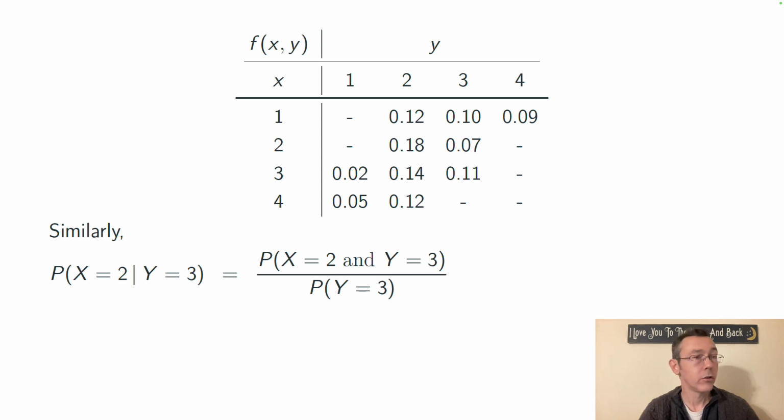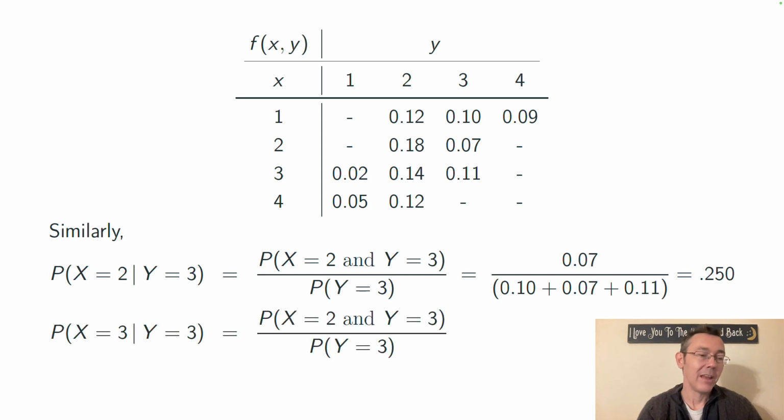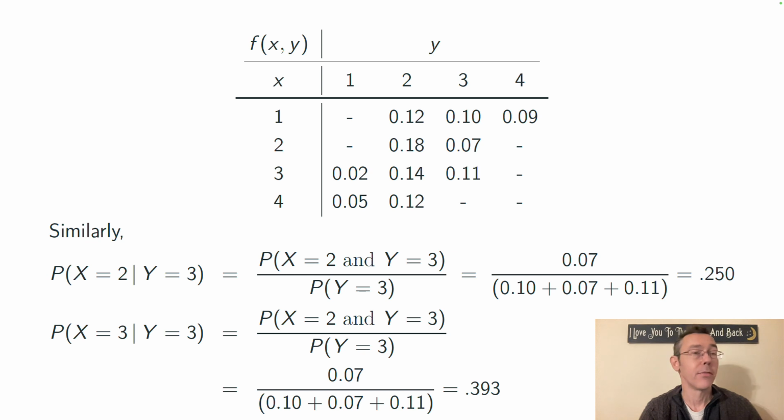Similarly, we can do the conditional probability that x is 2 when y is 3 to get 25%. And we can do the probability that x is 3 when y is 3 to get 39.3%. I encourage you to pause the video at this point to do those calculations and check that you're getting the same answers as me without just watching what I'm doing.